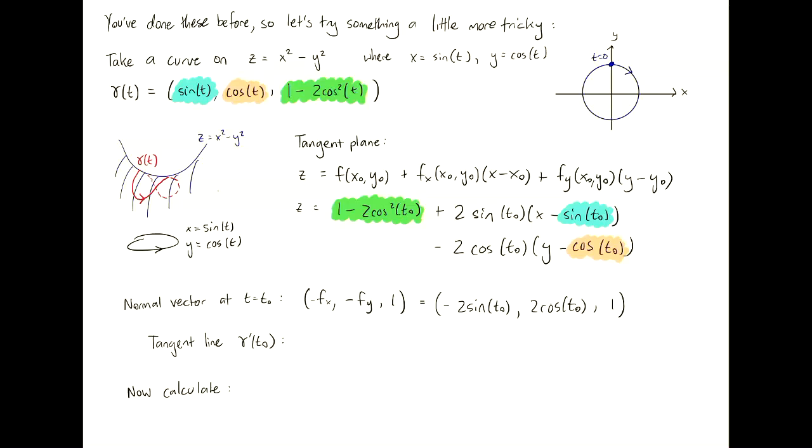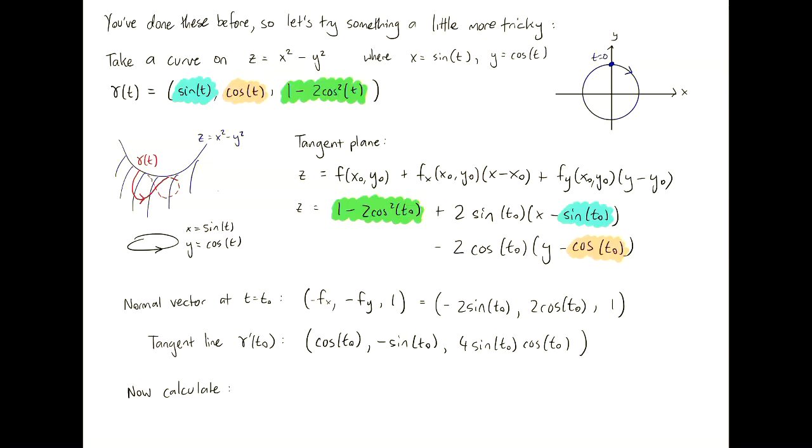So this is the derivative of these. So now we're cooking. So the tangent line is cos of t naught, minus sine of t naught, and then the derivative of that thing, when you do a tiny bit of algebra, is 4 sine t naught cos t naught. Okay.